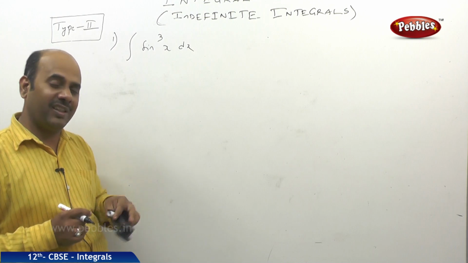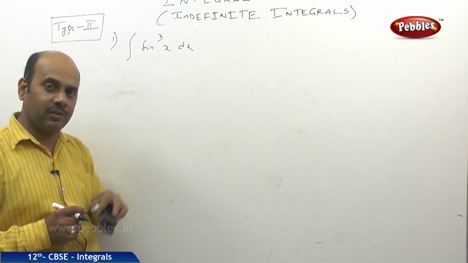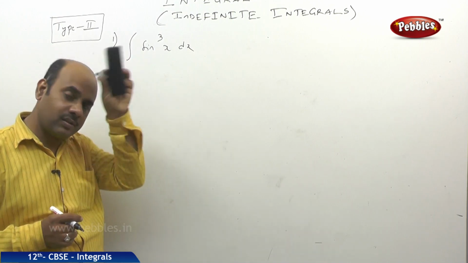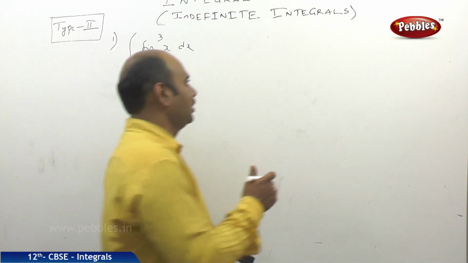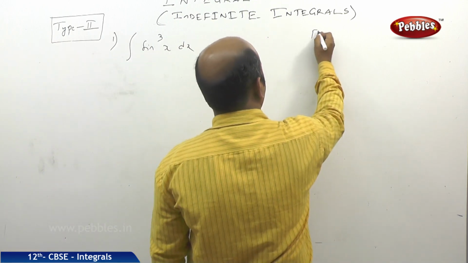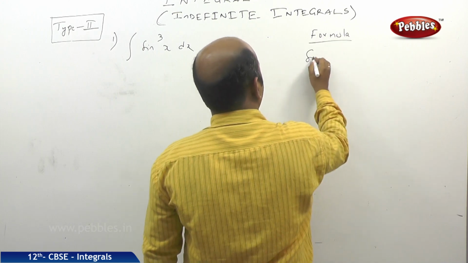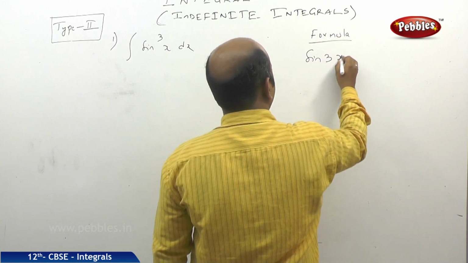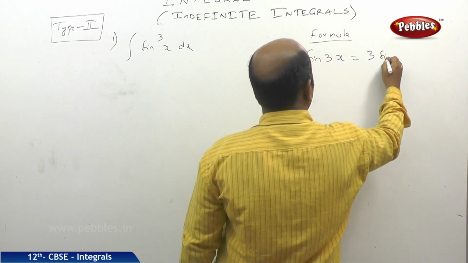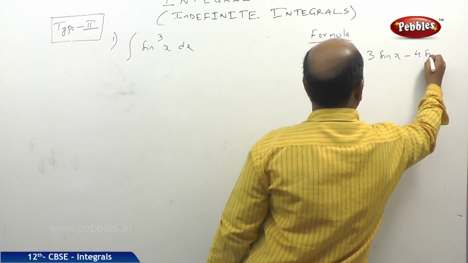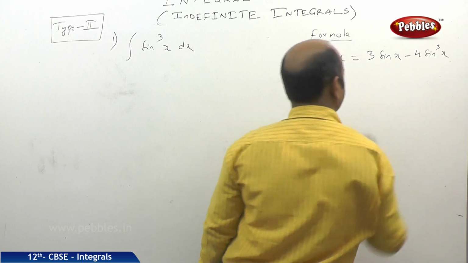For this I'll be applying trigonometric functions which we learned in compound angles, multiples and submultiple angles. So what is that formula? Once again we recall that formula. Sin 3x is equal to 3 sin x minus 4 sin cube x.